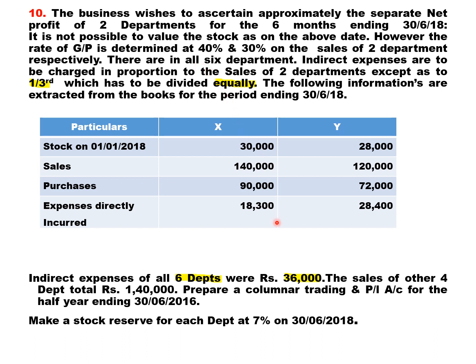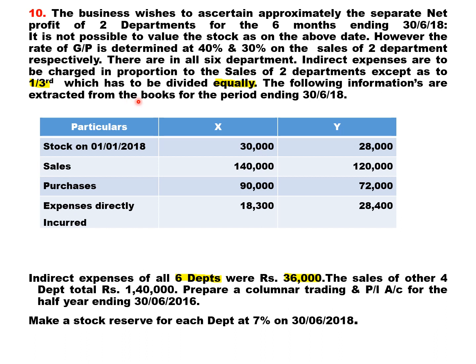There are in all 6 departments. Indirect expenses are to be charged in proportion to the sales of the two departments, except as to 1/3, which is to be divided equally.